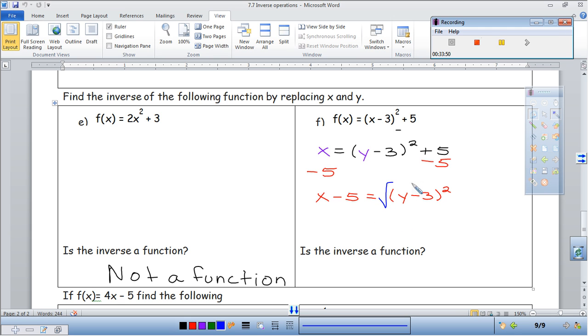Then I'm going to square root. That's going to give me plus or minus the square root of x minus 5 equals y minus 3. And I add the 3 to both sides. And I get y equals 3 plus or minus the square root of x minus 5.